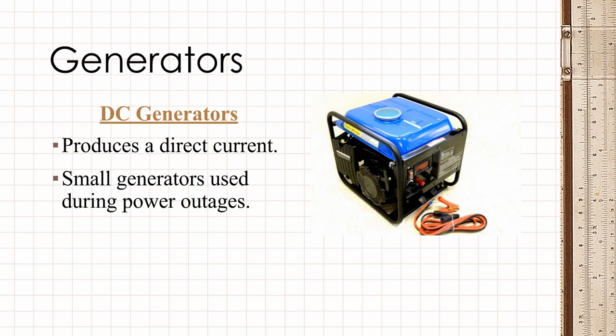The second type is DC generators. DC generators produce a direct current. And these are the small generators used in power outages. If you lose power and you have a generator at your house, most likely it's creating direct current. And direct current is one direction. Alternating is switched back and forth. Direct current is one direction. And remember, this is anything that's battery powered.